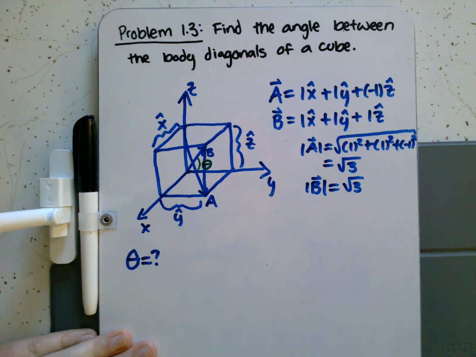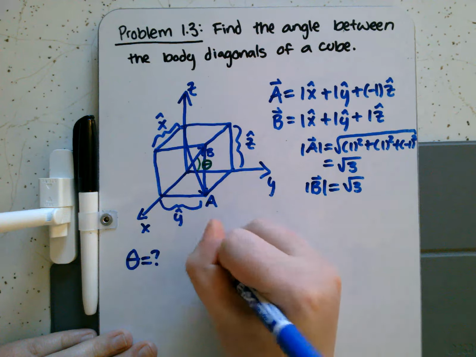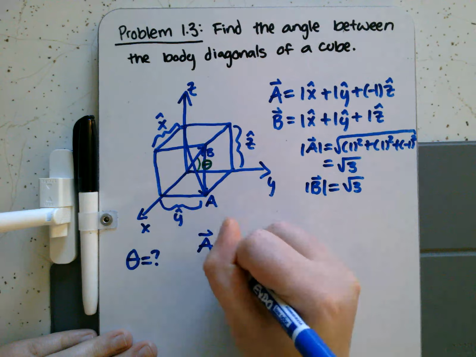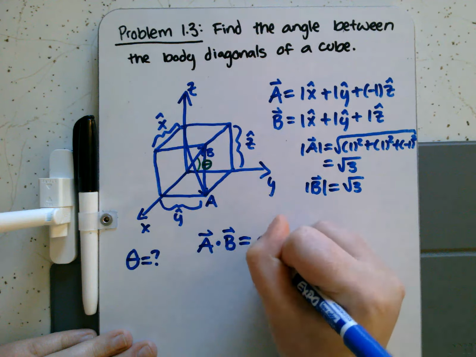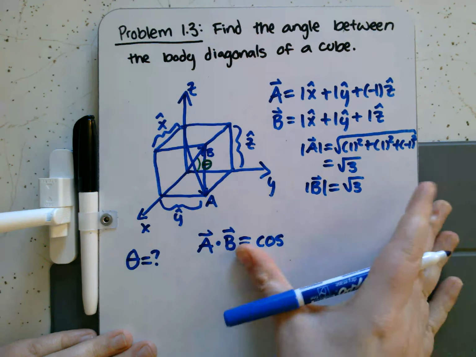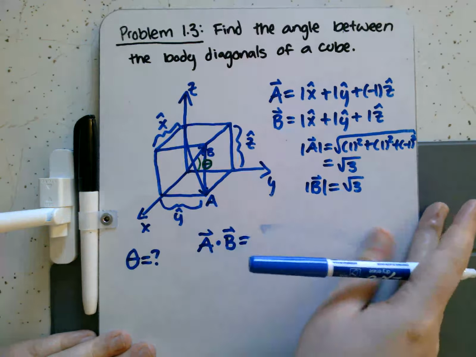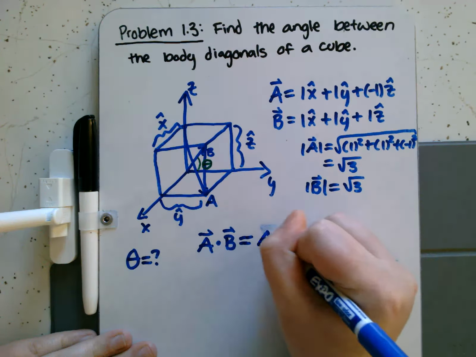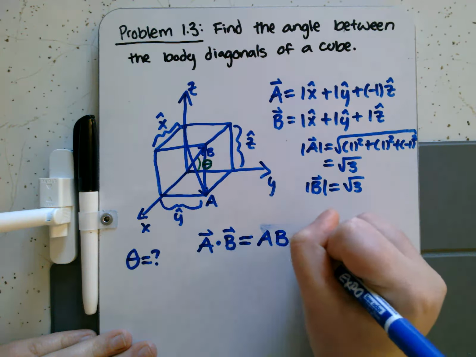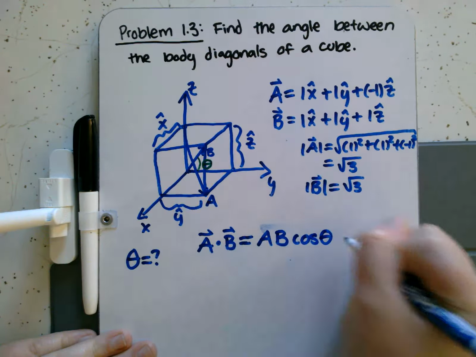And now we're trying to find theta. I can think of two equations that we've encountered so far that have this theta angle between two vectors. I'm going to use the dot product here because it's simple enough for us to solve for theta. The dot product is equal to the magnitude of A times the magnitude of B times the cosine of the angle between them.